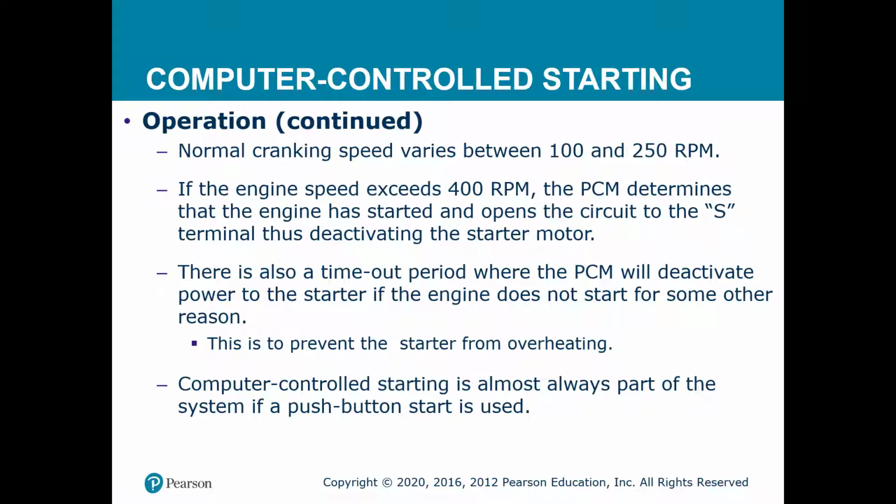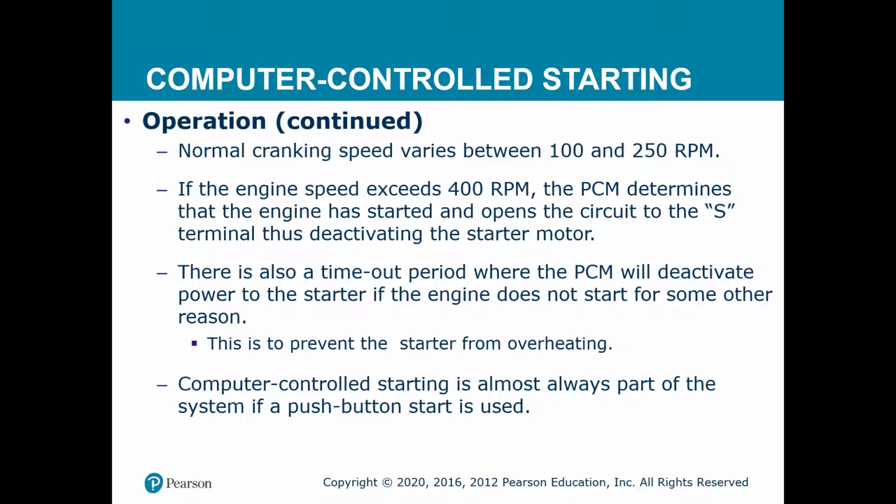Now, with regard to operation of a computer-controlled starting system, the cranking speed from your starter would normally be, like I was saying, around 200 RPM. So it'll vary between 100 and 250 RPM. Now, what the computer is doing, the computer is looking for 400 RPM or to exceed 400 RPM.